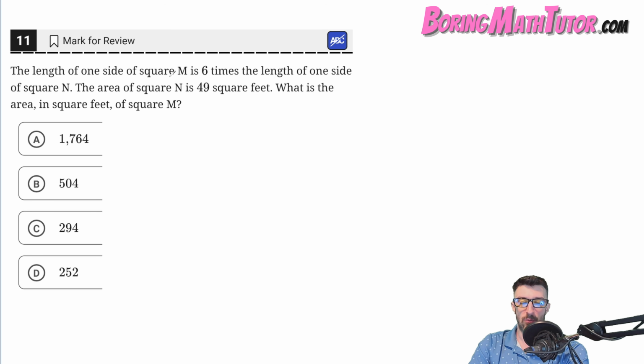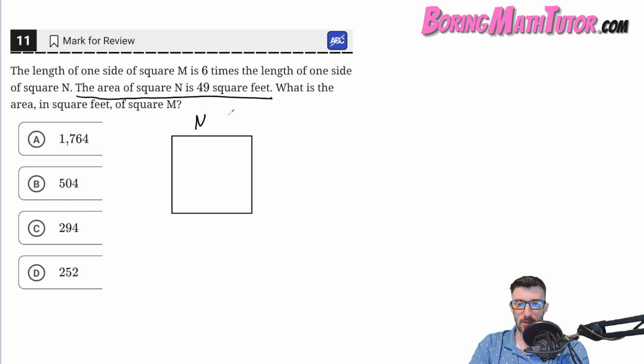They said the length of one side of square M is 6 times the length of one side of square N. The area of square N is 49 square feet. Okay, so the first thing I'm going to do is just write down that this is supposed to be for N, and they're telling me that the area is 49, but what does that mean about the two sides? It means that each one has to be 7.